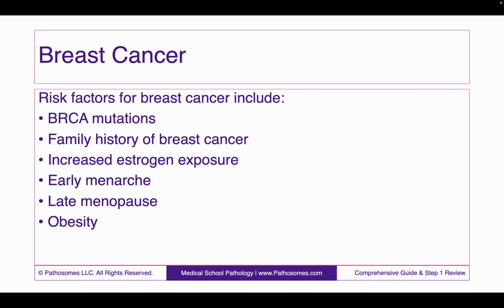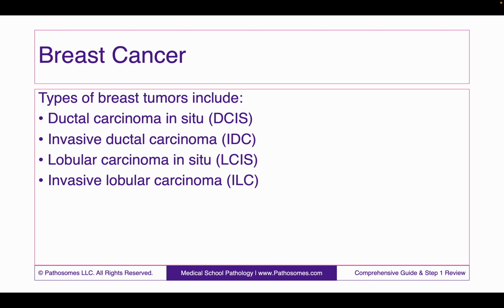Risk factors for breast cancer include BRCA mutations, familial history of breast cancer, increased estrogen exposure, early menarche, late menopause, right? It's all about that exposure to estrogen, and obesity for the same reason. There's more estrogen due to the increased adipose tissue.